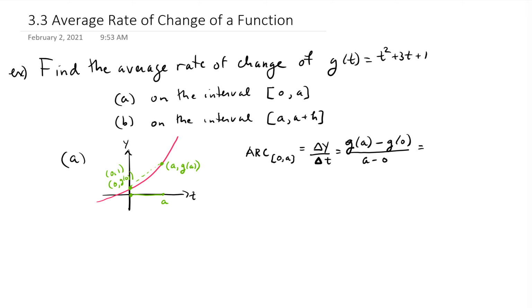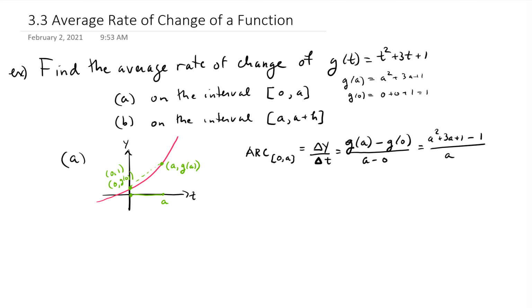Well, I'm just going to replace t by a, and that's going to give me a squared plus 3a plus 1. So this is what I need here, a squared plus 3a plus 1. G of 0, you just replace t by 0, so this is why I told you before it's going to be 1, because it's the constant term of this function, so minus 1 over a minus 0, which is just a.